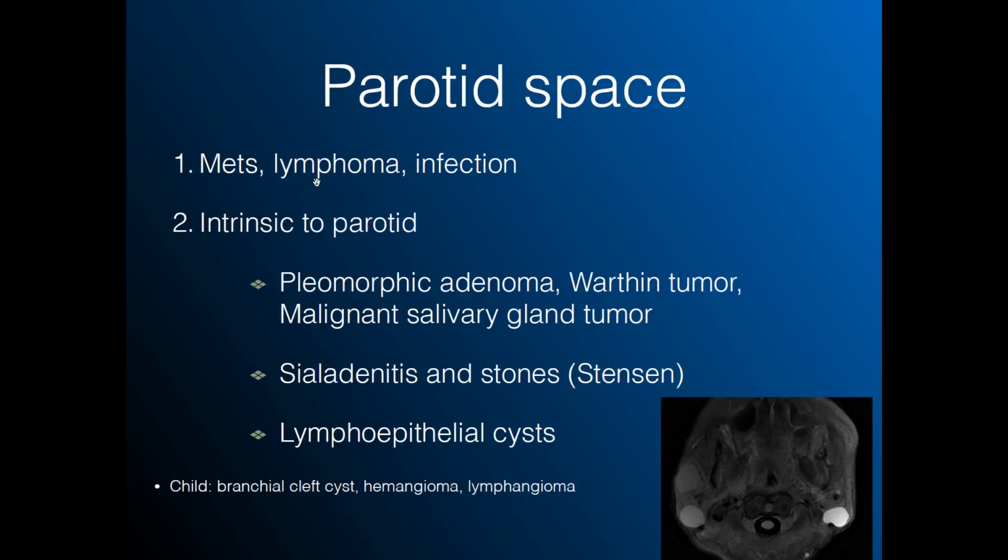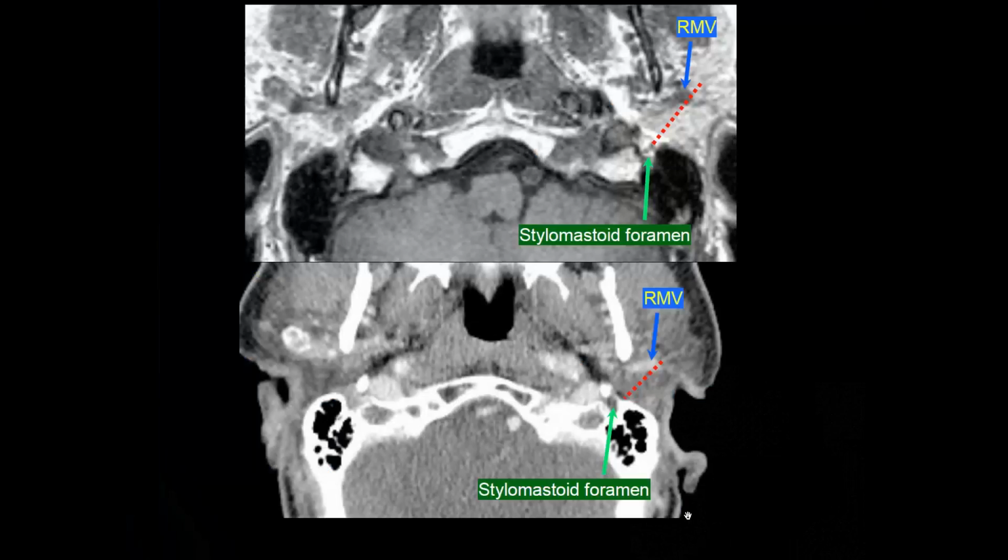You can get mets and lymphoma infection because of the lymph nodes, and then there's the primary parotid tumors, as well as you can get problems with stones and inflammation and lymphoepithelial cysts. And what two diseases cause these cysts? Sjogren's, great.